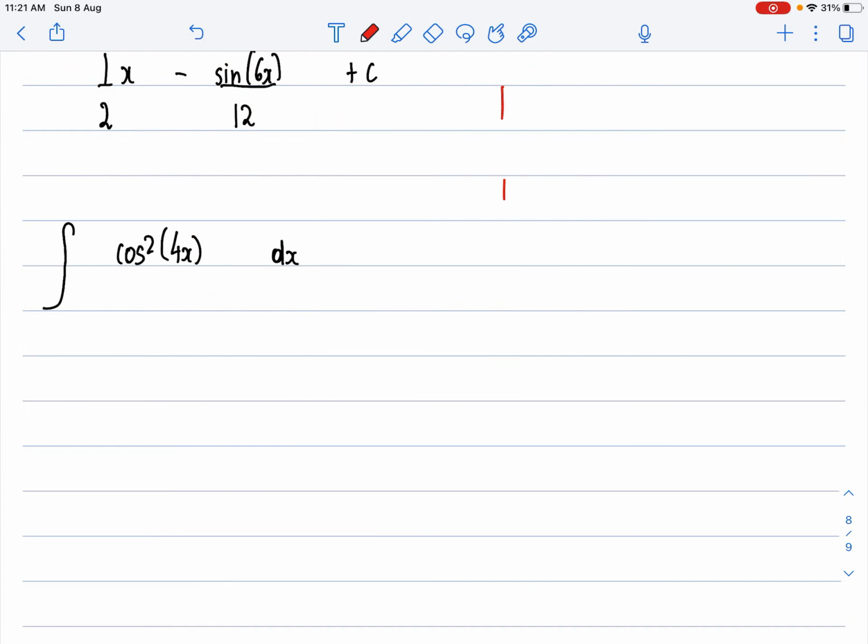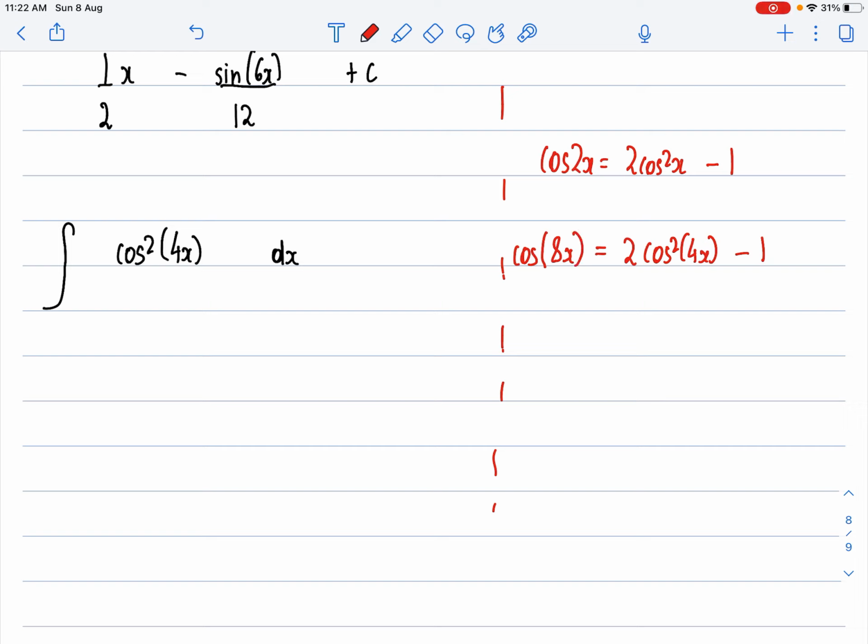So basically, you know that cos 2x is equal to 2 cos square x minus 1. That means here I need a cos square 4x. So when I make this cos square 4x here, and I write this as 2 cos square 4x minus 1, this will be equal to cos of 8x.